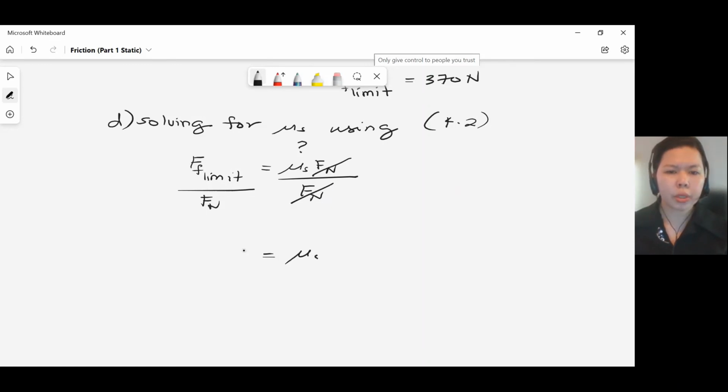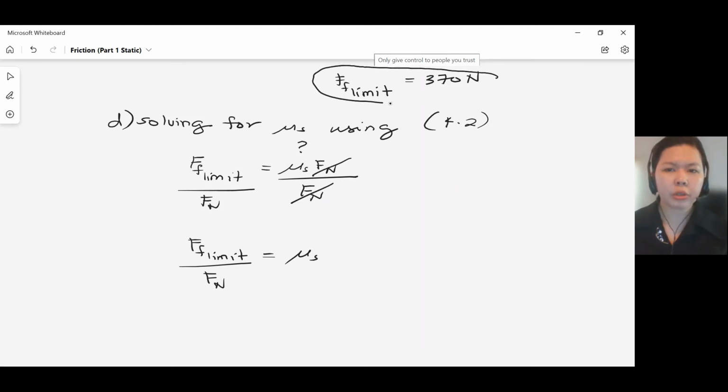So mu s is F limit over Fn. For FF limit, we have obtained this in the previous item, letter C: 370 newtons.